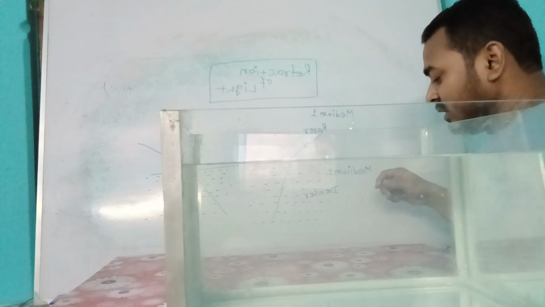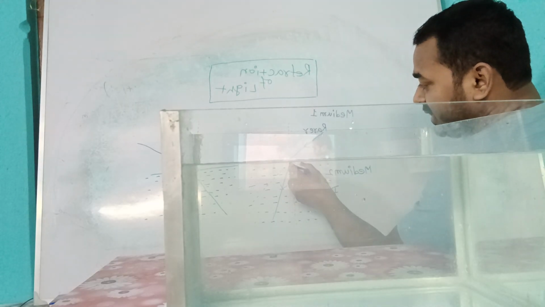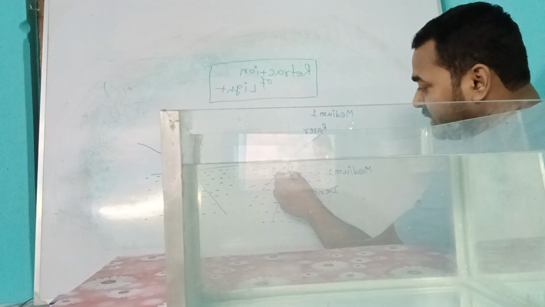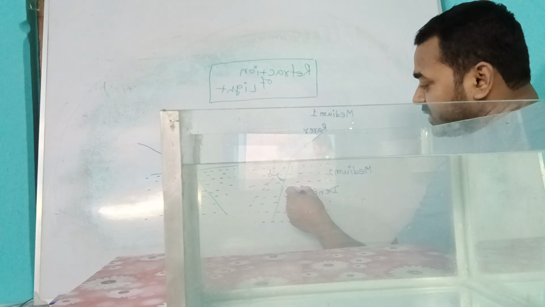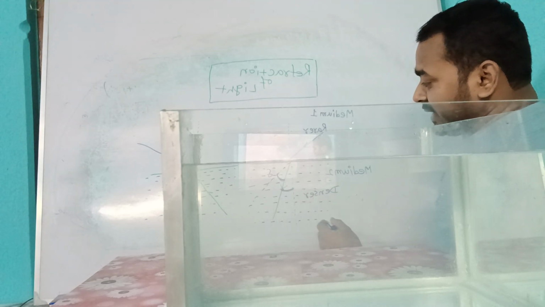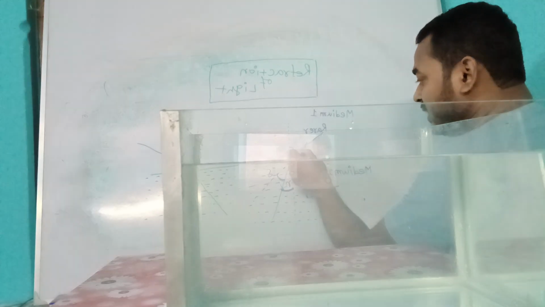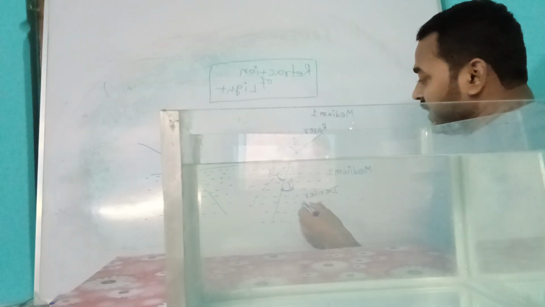Now see once again. So theoretically, this is incident ray, that is refracted, and this is extended incident ray. So the angle between extended incident ray and the refracted ray is known as angle of deviation. And what is angle of refraction? The angle between normal and the refracted ray is angle of refraction, and it is denoted by R. Angle of incidence is denoted by angle I. It is angular.